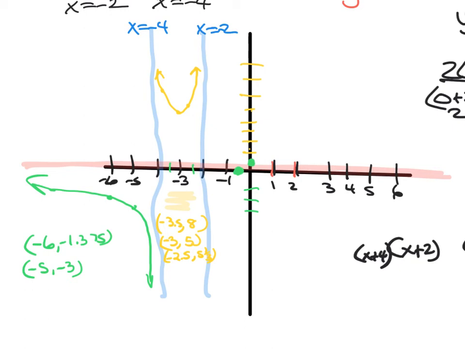And now I need to figure out some points over here. So let me figure out what negative 1 is. And negative 1, that order pair would be negative 1/3. Then if I plug in 1 or 2, so 1 would be 2/10. 2 would be 0.20.